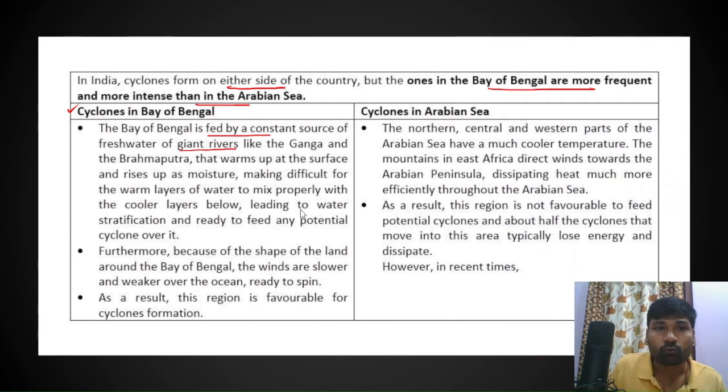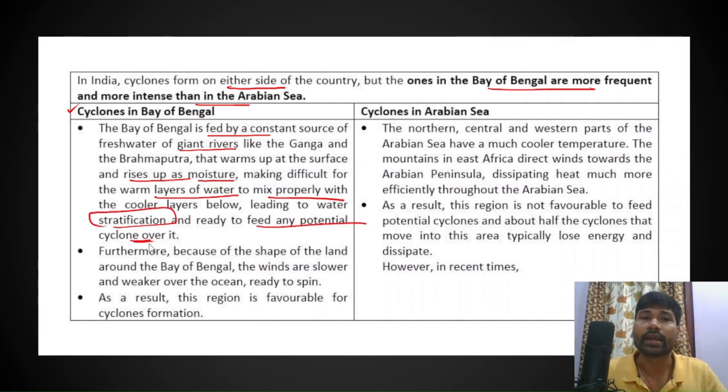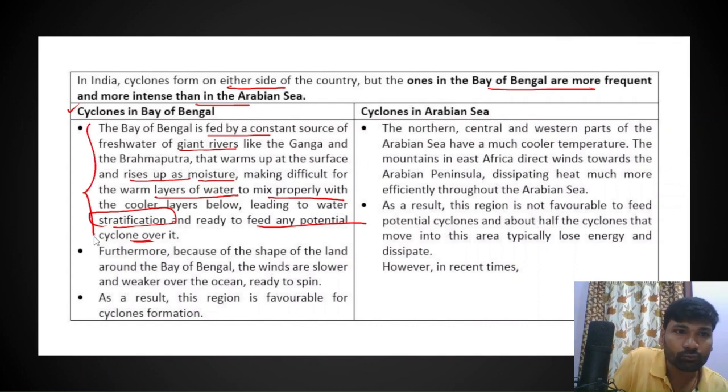Therefore that warms up the surface, and it rises as moisture, making it more and more difficult for the warmer layers of water to mix properly with the cooler layers below the ocean surface. That leads to water stratification, ready to feed any potential cyclone over it, right? So this is one reason.